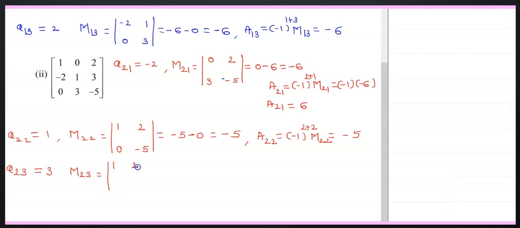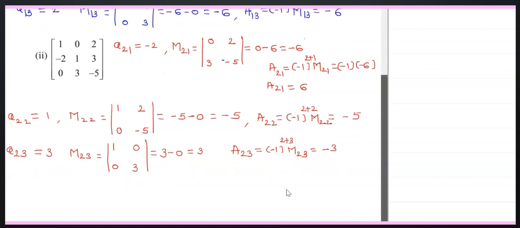A23, sorry, I corrected it, 1, 0, 0, 3, and it is 3. Therefore A23 is minus 1 raised to 2 plus 3 times M23, and overall you will get minus 3.